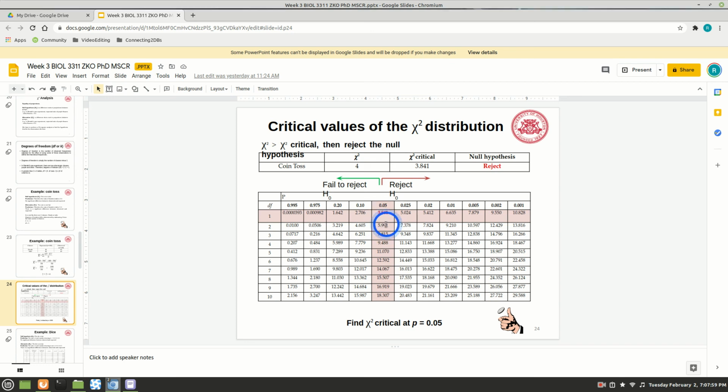Though I wouldn't put it past Dr. O'Brien to have you be able to read this chart and understand that as you change your degrees of freedom, you move up and down, and as you change your critical value, how stringent do you want to be, you could move in this direction as well. So keep in mind what it means to move back and forth here, left and right, and what it means to move up and down.